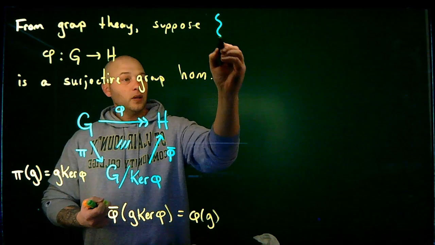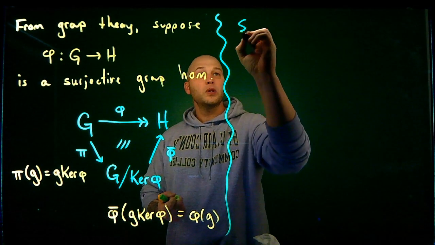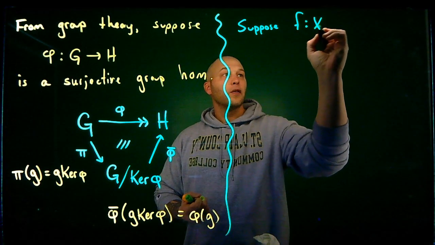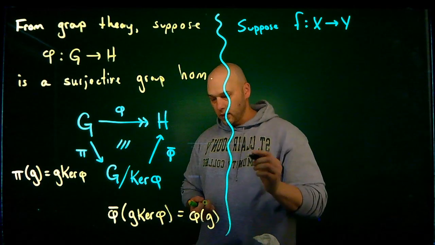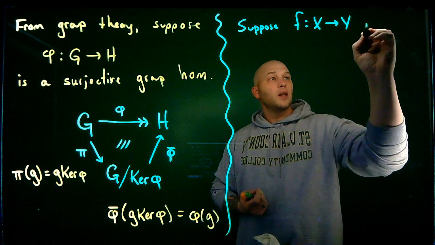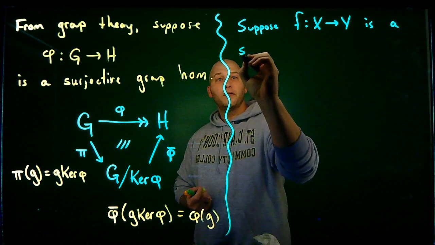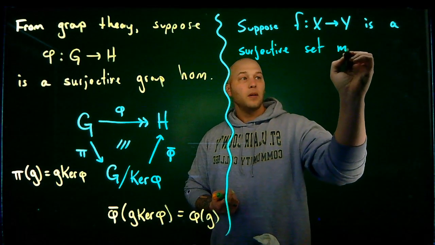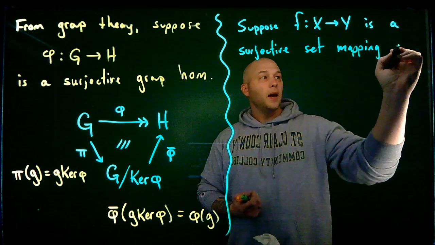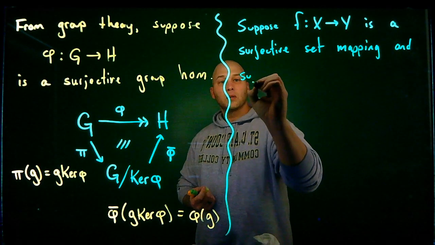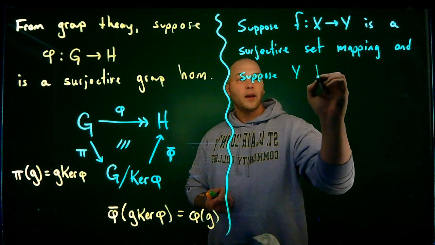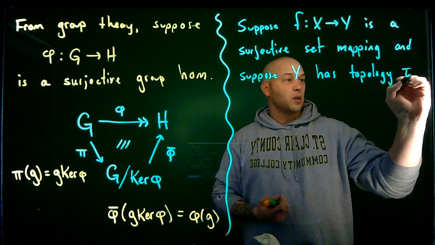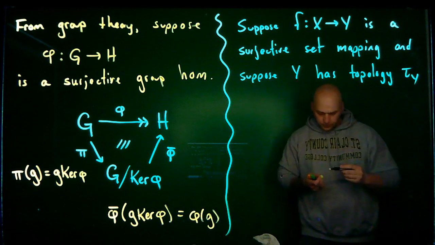So suppose f is a function from X to Y. So f is this set function, and let's say it is a surjective set mapping, and suppose Y has a topology. So the set Y actually has a topology on it called tau Y.